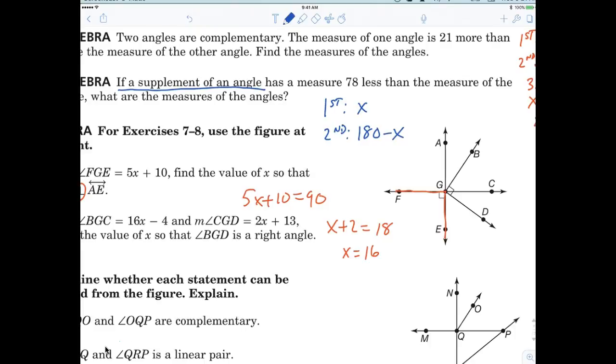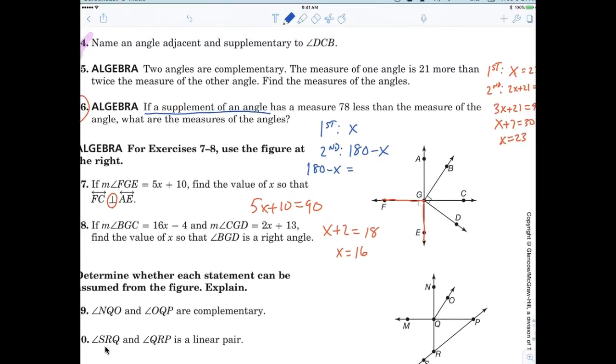Now, once you define the two angles, you go on and read the question. If a supplement of an angle, so the supplement of the angle would have been 180 minus x, has a measure, which means equals, 78 less than the measure of the angle.